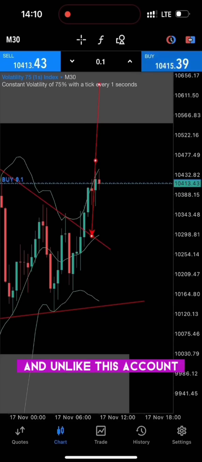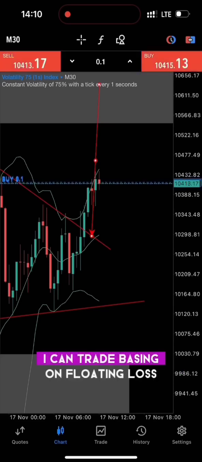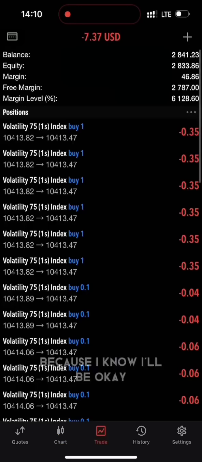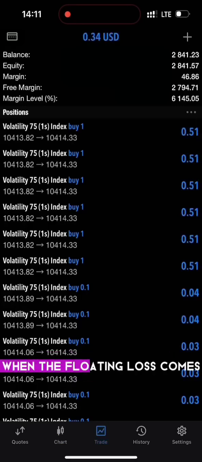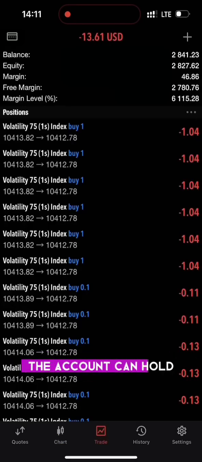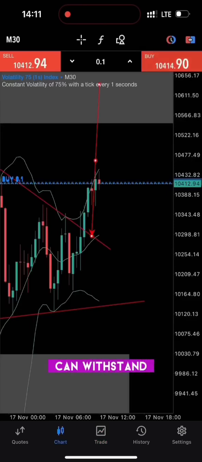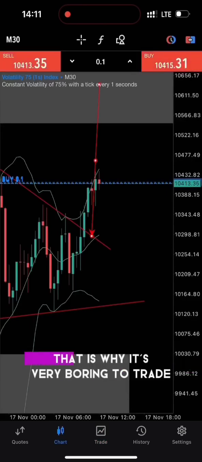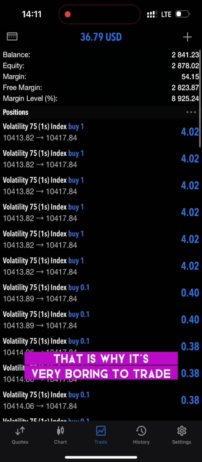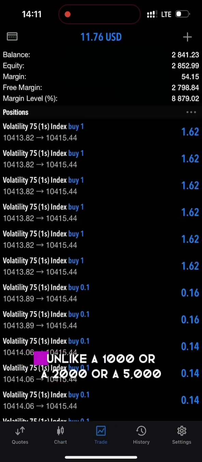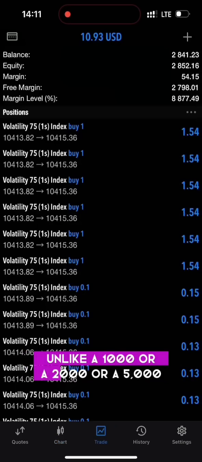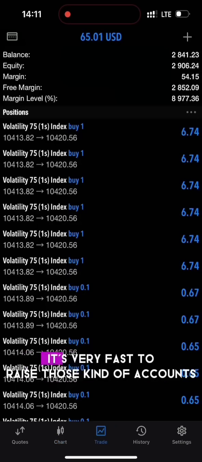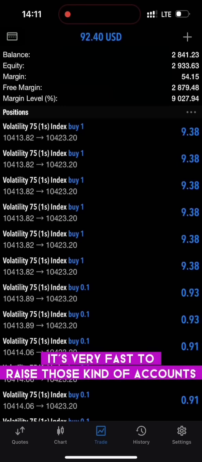Unlike this account, I can trade based on floating loss because I know I'll be okay when the floating loss comes. The account can withstand it, but cents will not, so you need to be very careful. That is why it's very boring to trade a cents account. Unlike a 1000 or a 2000 or a 5000, it's very fast to raise those kinds of accounts.